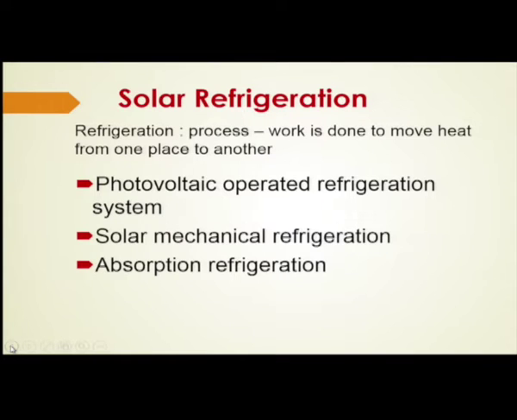Next one is solar mechanical refrigeration. Here solar thermal energy is used to produce some mechanical work. This mechanical energy is again converted to produce the cooling effect. This is solar mechanical refrigeration.